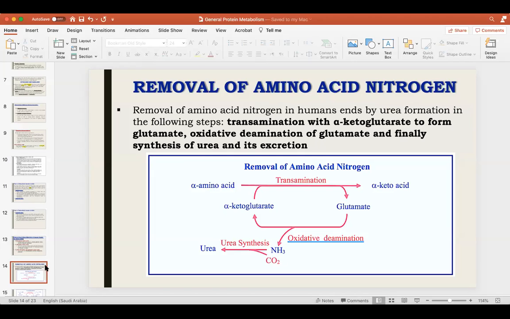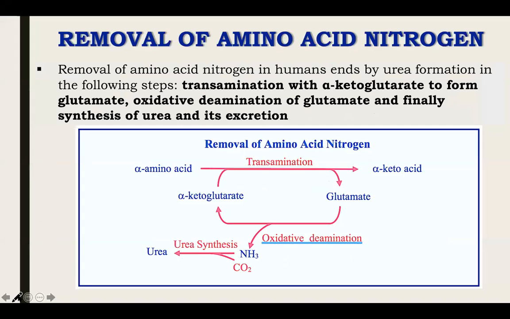How can we remove the nitrogen? This is an abbreviation, but there is a detail in the next slide. Transamination means transfer of the amino group between an alpha amino acid and an alpha keto acid. We will take the amino group from this amino acid and give it to the keto acid, which is alpha ketoglutaric. So the alpha amino acid will be converted into an alpha keto acid.